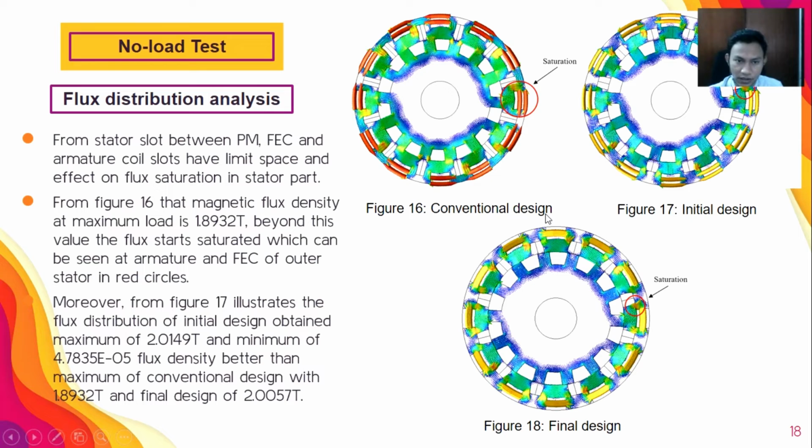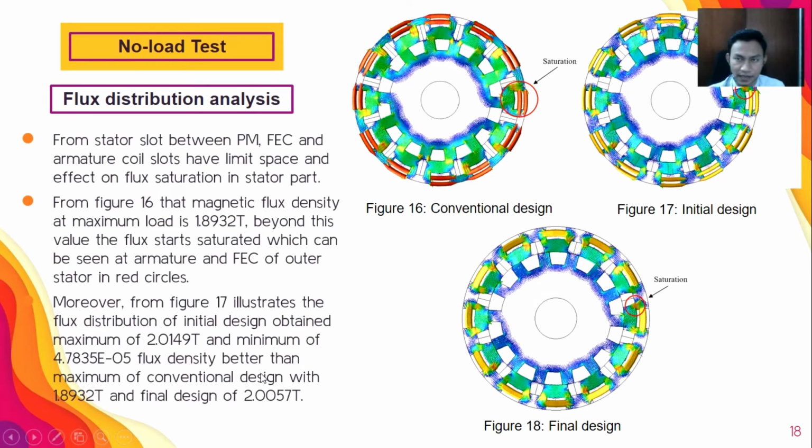Okay, we move to figure 17. The flux distribution in the initial design has a maximum of 2.0149, and the minimum magnetic flux density is 4.7835 times 10 to the power of -0.005, which is better than the maximum of the conventional design, which is 1.8923, and the final design is 2.0057.